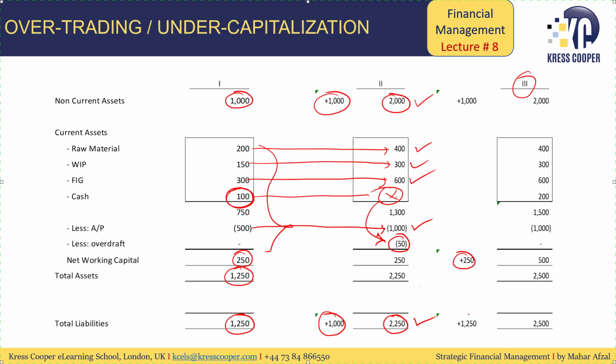Company has taken total long-term loan of 1250. Out of this, 1000 has been invested in the non-current assets, 250 has been invested in the working capital. Now in this situation we can say the company's operation will keep working very smoothly, sales will become double, production will become double, everything will increase proportionately, and there will not be any distress.